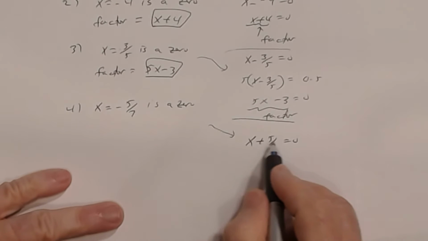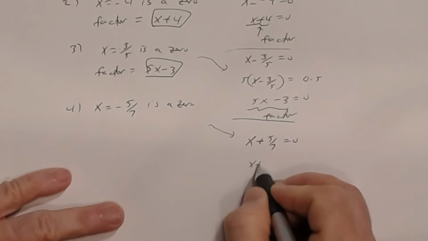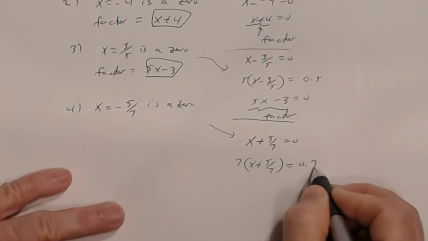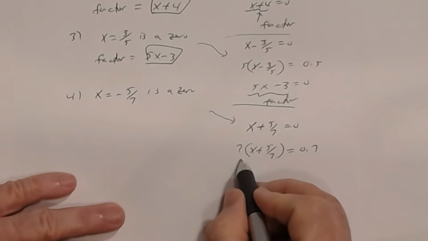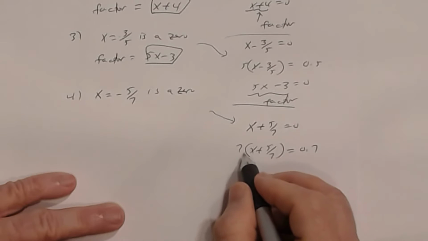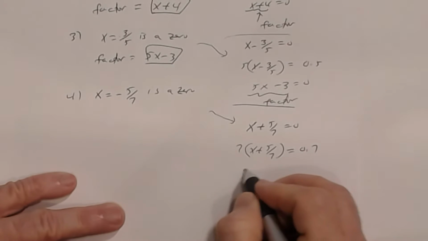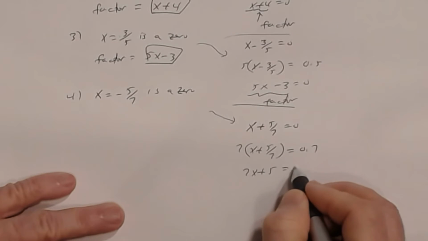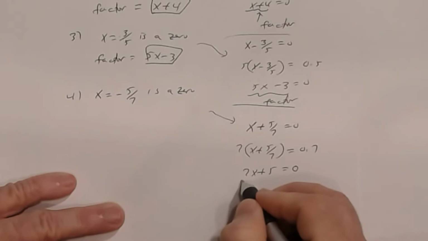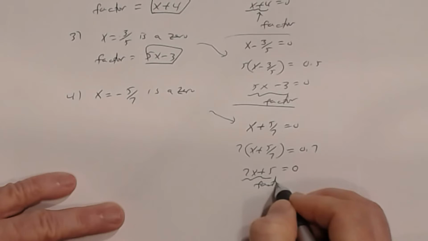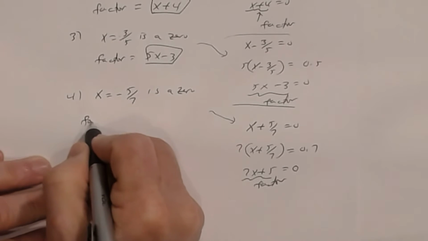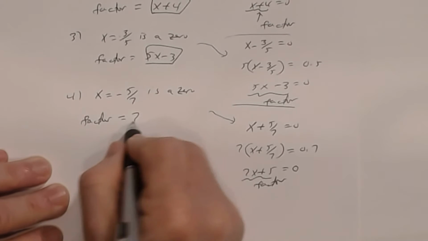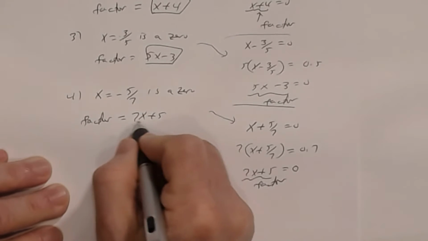But remember, we don't want any fractions here, so you multiply both sides by 7 to clear the fractions. Using the distributive property, 7 times x is 7x, and 7 times 5/7 is 5, and 0 times 7 is 0. This is your factor. So one of the factors of this function has to be 7x plus 5.